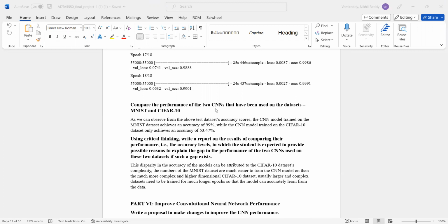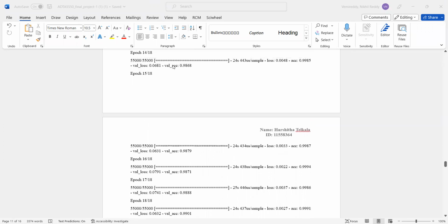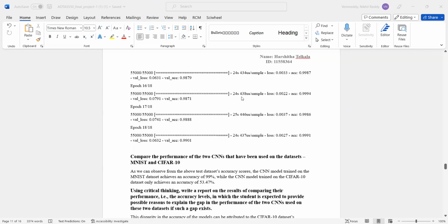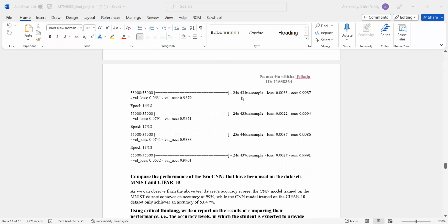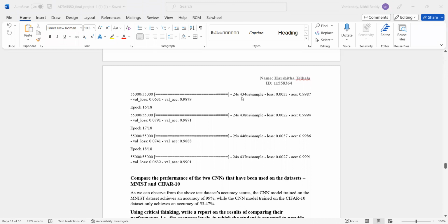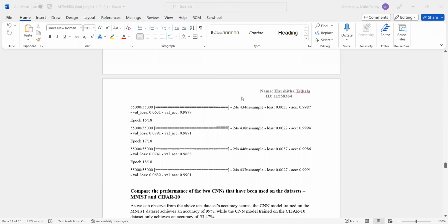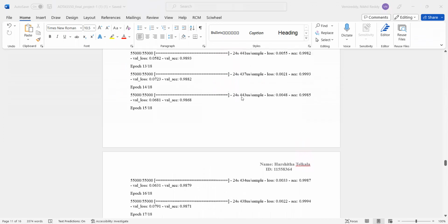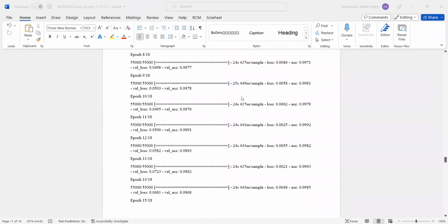As we can observe from the above test dataset accuracy scores, the CNN model trained on the MNIST dataset achieves an accuracy of 99%, while the CNN model trained on the CIFAR-10 dataset only achieves an accuracy of 53.47%. We can see it in the results here.